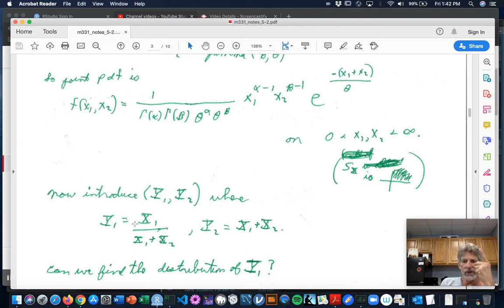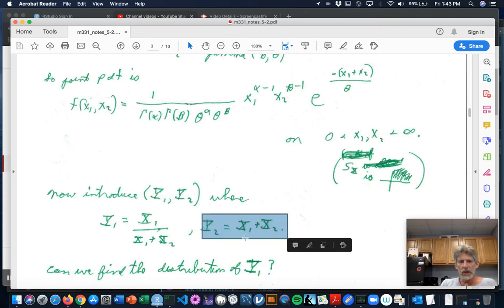I could use the change of variables technique maybe to figure out its distribution if I could make y1 be part of a bivariate scenario. But that would mean I need to introduce another random variable to make up the other part of the bivariate scenario. And so this is kind of the clever part. Out of the air, as it were, you pull y2 to be this other transformation of x1 and x2, just the sum of the two.